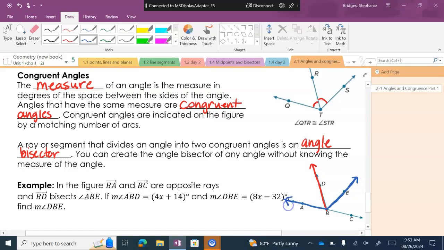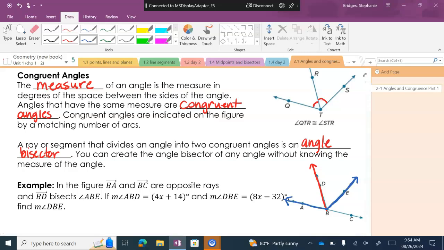So that red ray, BD, bisects the angle that I have highlighted, angle ABE. And then it gives me some information that I need to figure out what x is. Everybody okay with that? So far, so good?